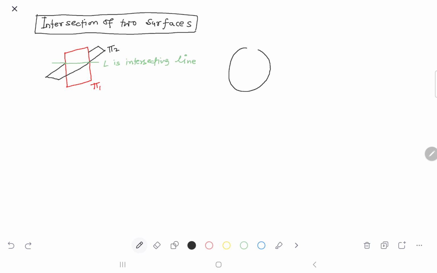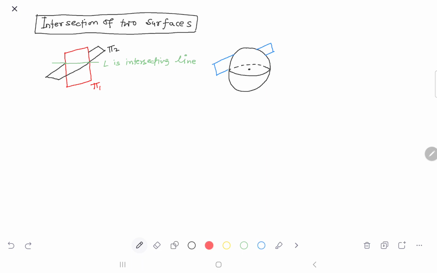Now let me take a sphere. We have a sphere, and let's say this is the center of the sphere. Now, if I take the cross section of this sphere by a plane, so we are taking the intersection of the sphere and plane, then what should we get?